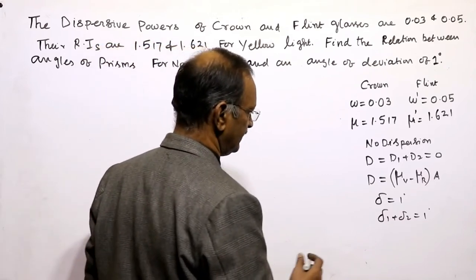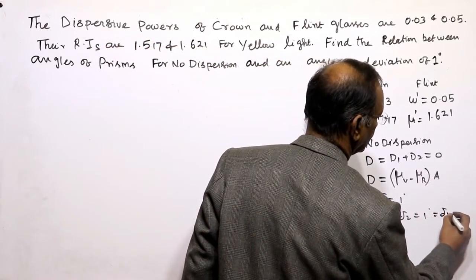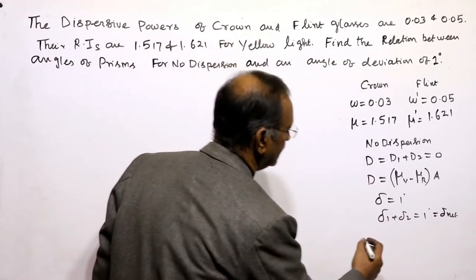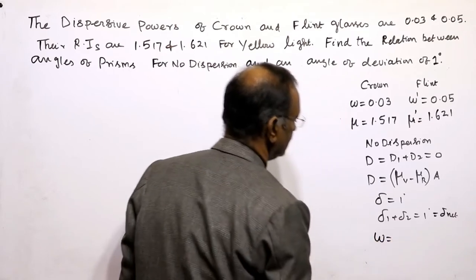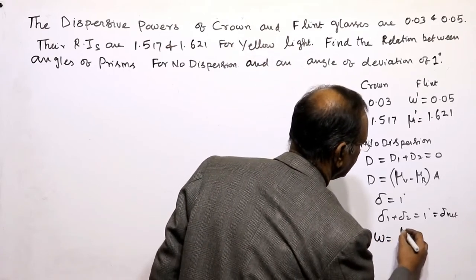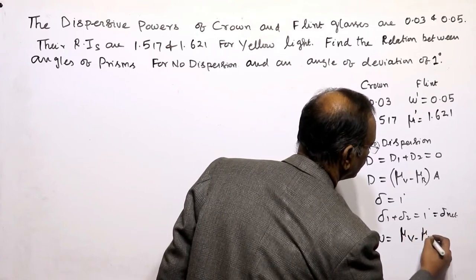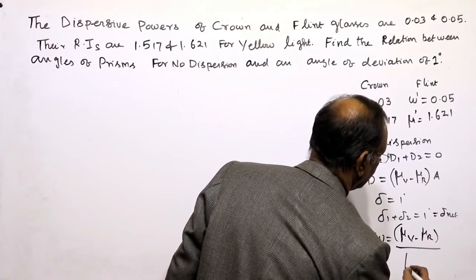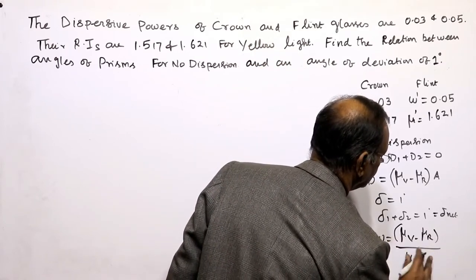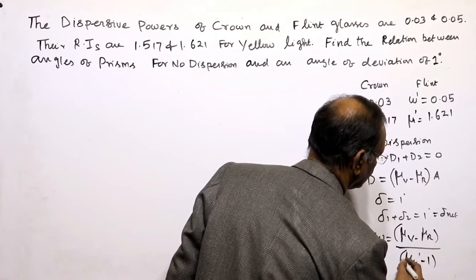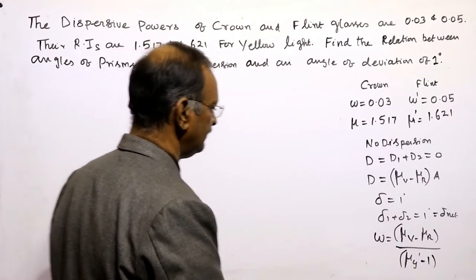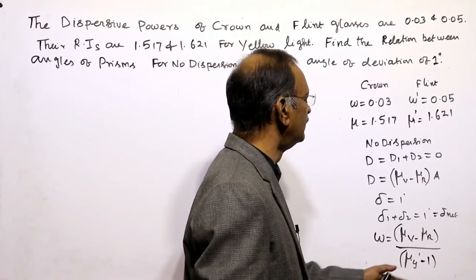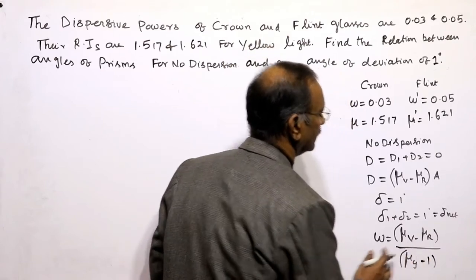So net deviation is equal to 1 and net dispersion is equal to 0. As we know, dispersive power is equal to the difference of refractive index of the extreme colors divided by refractive index of yellow color minus 1. Here we are taking the mean refractive index for the yellow color.